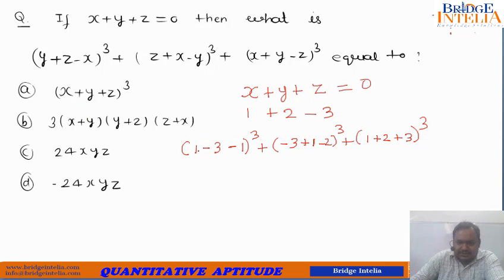So minus 1 cubed is minus 1, so this is minus 27, plus, so minus 5 and plus 1 is minus 4. So minus 4 whole cube is minus 64, and this will be 3 plus 2 is 5, 5 plus 1 is 6. So 6 whole cube is 216. So this ultimately is equal to.